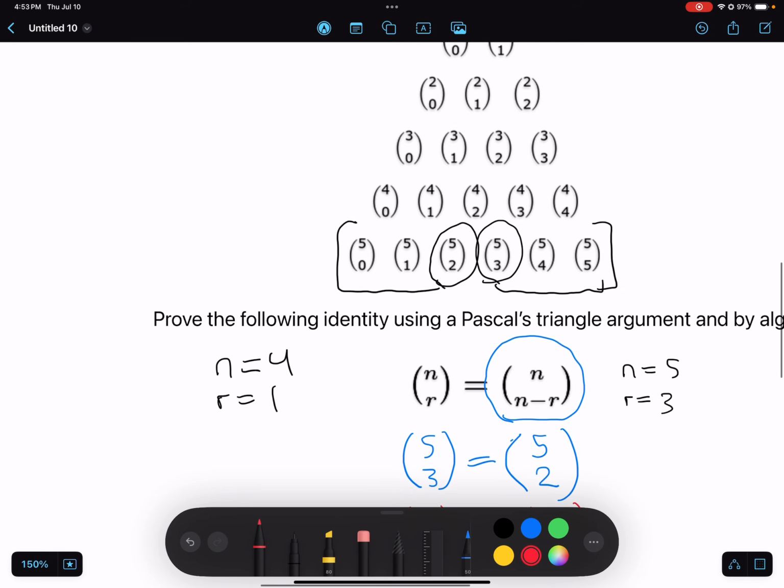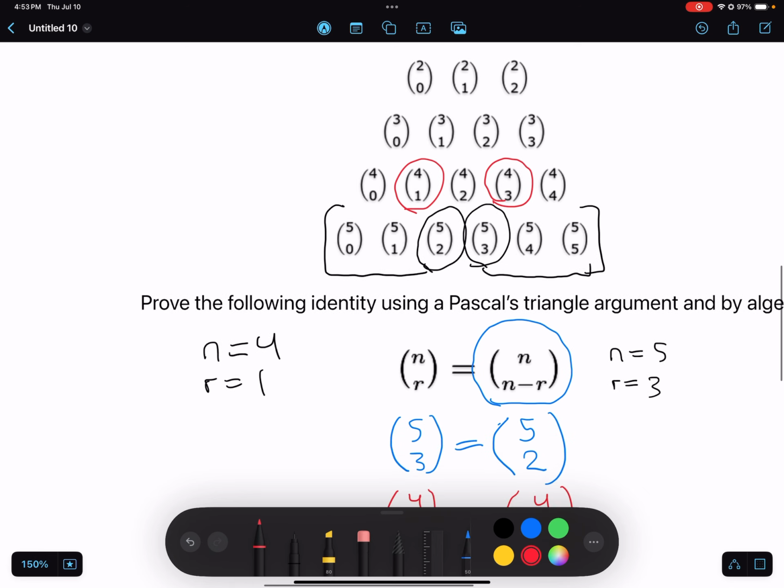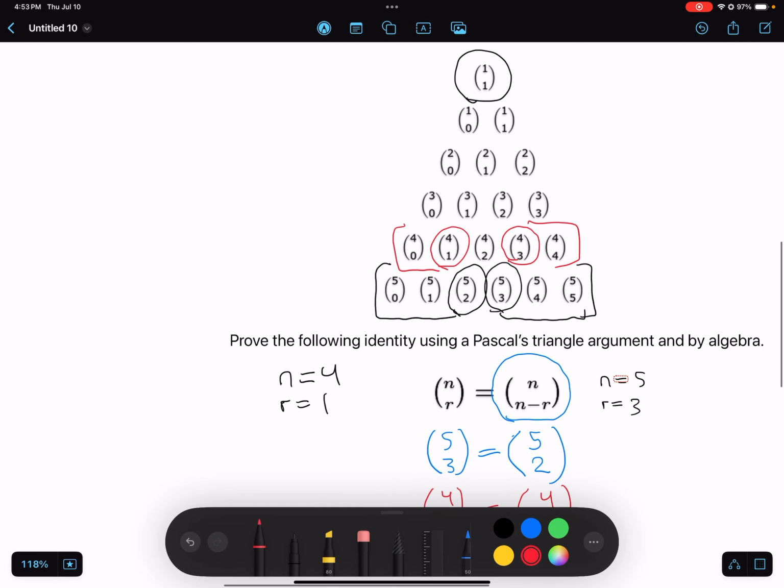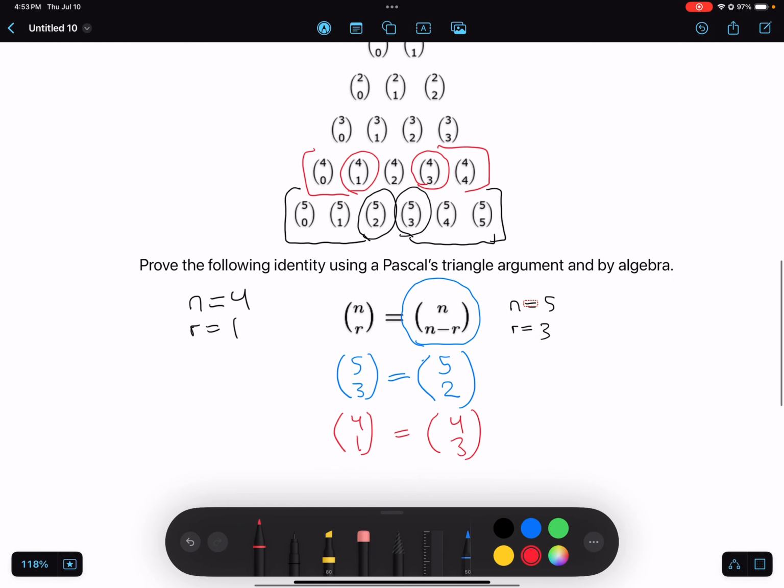As you can see on the triangle, 4 choose 1 and 4 choose 3 appear here. Again, they're the same distance from the edge of the rows, one entry, and they're again symmetrical or mirrored. This will keep happening no matter what your values are for n and r.